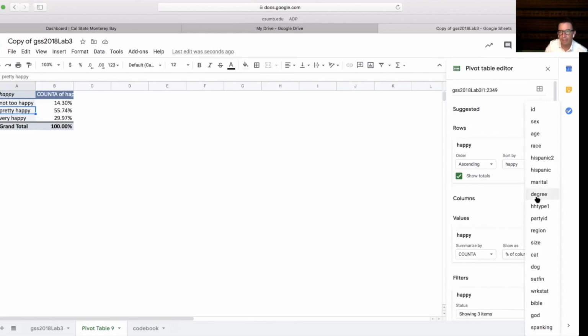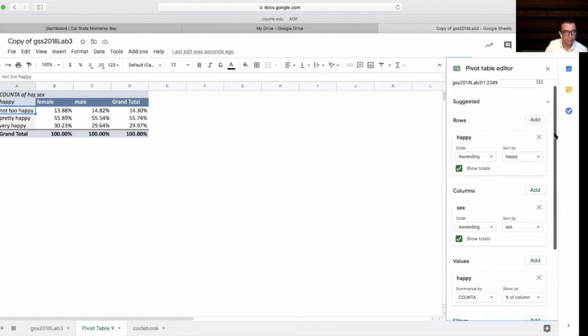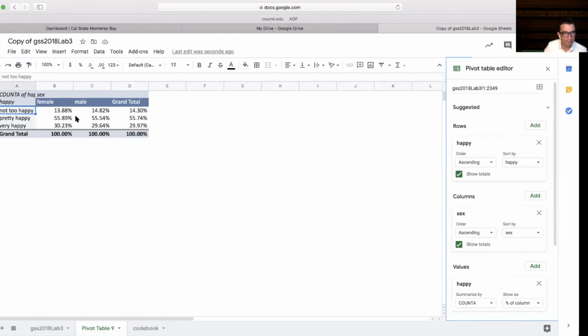Let's look at gender. Okay, good, excellent. So now I brought gender to the columns, and the values are already showing as a percentage of column, right?